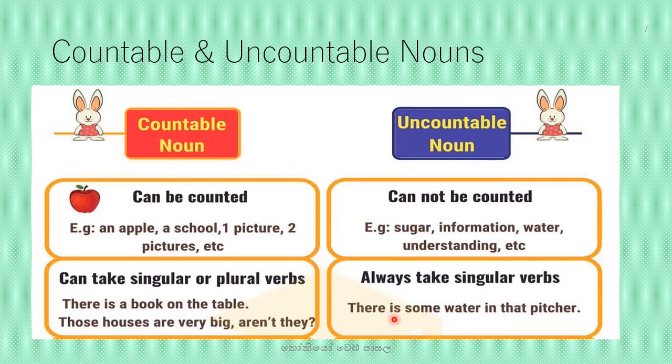But with countable nouns, for one book, we say "there is a book." For houses, "those houses." So that is the difference between countable and uncountable nouns.